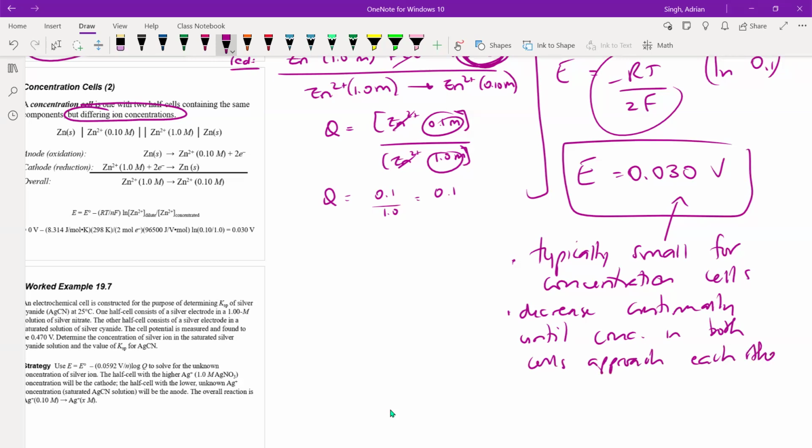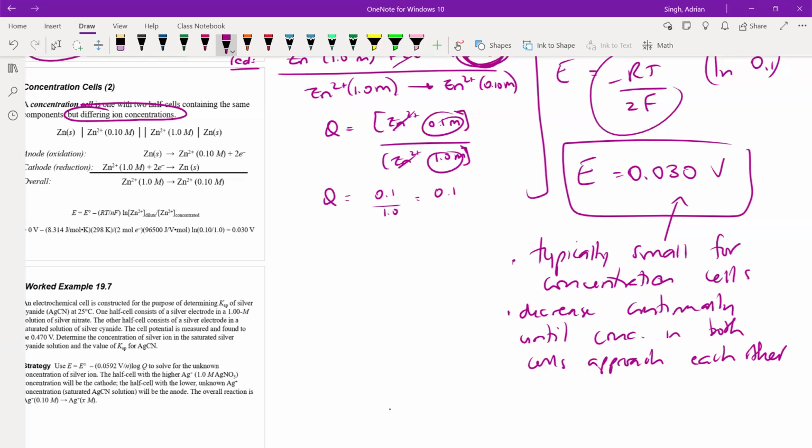Now remember, it's the difference in concentration that drives this process. So if there isn't a difference in concentration, then E of the cell is going to approach 0, right? So as long as there's a difference, we can predict that there will be a voltage.